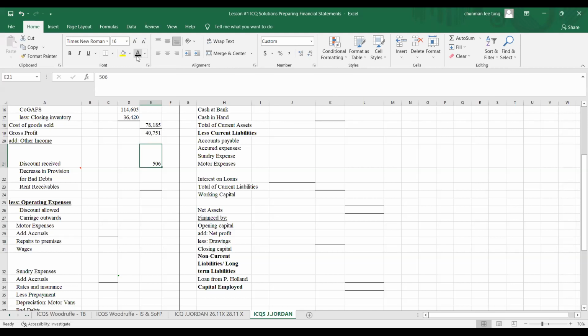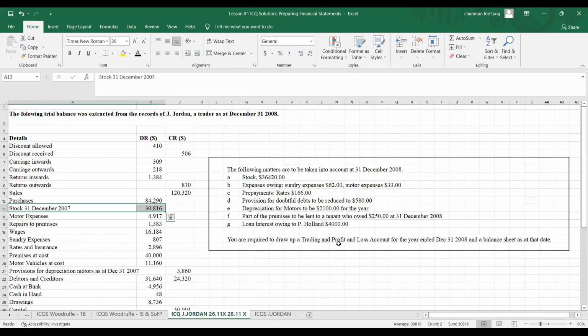In this case, what did they exactly say? Let's go back to what they said here. Provision for doubtful debts to be reduced to $580.